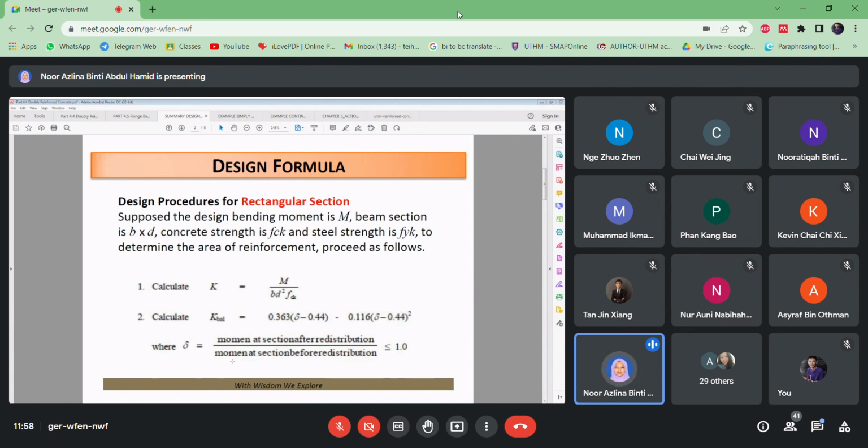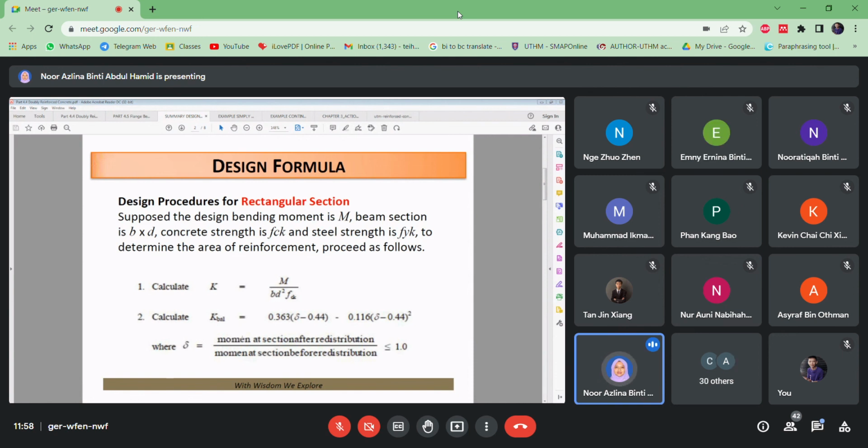Then kemudian buat redistribution, remember we can do the redistribution about 20% kan, nak reduce the number of reinforcement, the congested area of the reinforcement, especially at the intersections of the beams. So after 20% let's say redistribution, dia punya moment pun berkurang kan. Mungkin tadi 100 dah jadi 80 kilonewton meter.